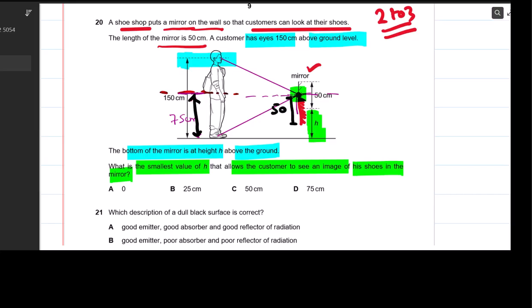If you subtract 50 from 75, you will get this height, which will be 25 centimeters. Actually, we have to see where the customer can see the image, but the height of the mirror from the bottom should be least. So it is B.